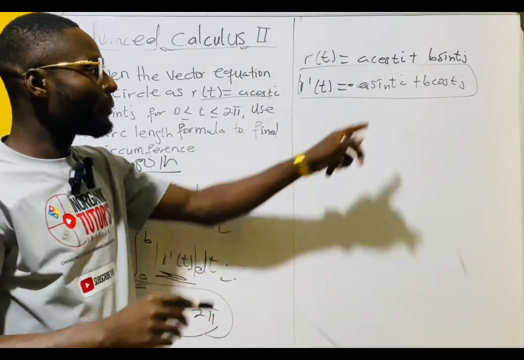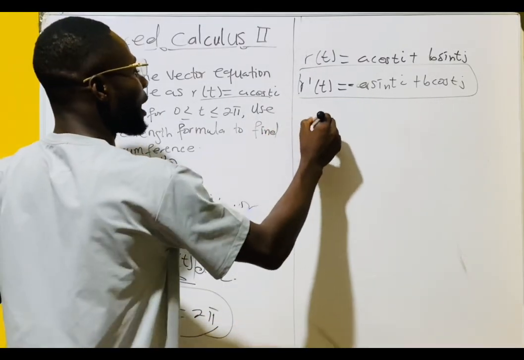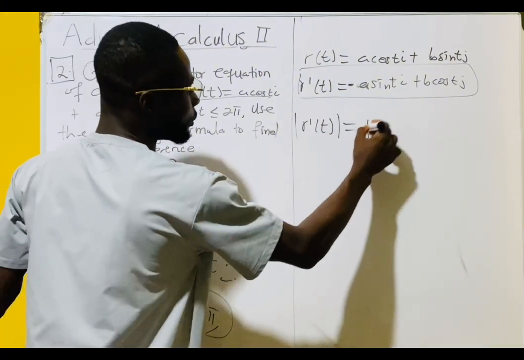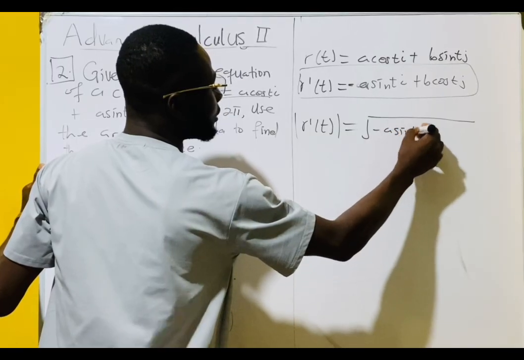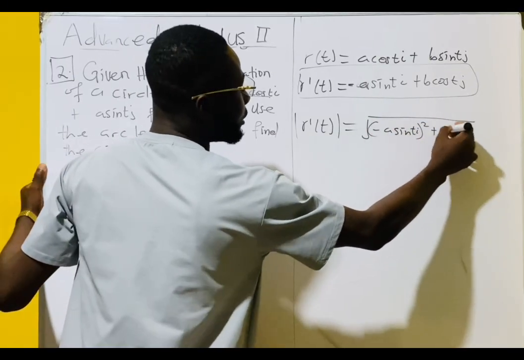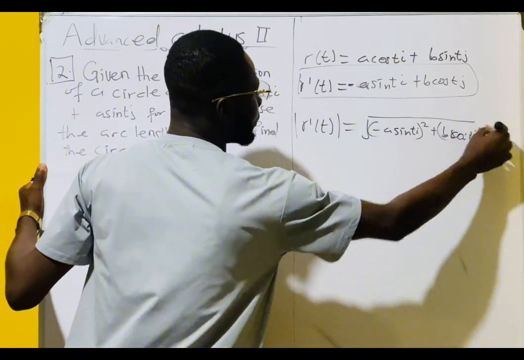Now we need the magnitude of this. So the magnitude of r prime of t equals the square root of negative a sin t all squared plus a cos t all squared.